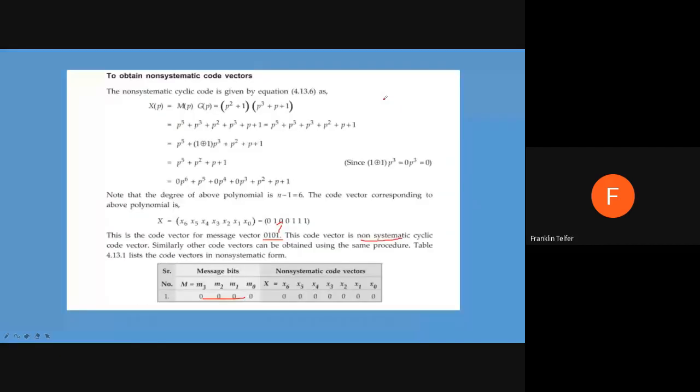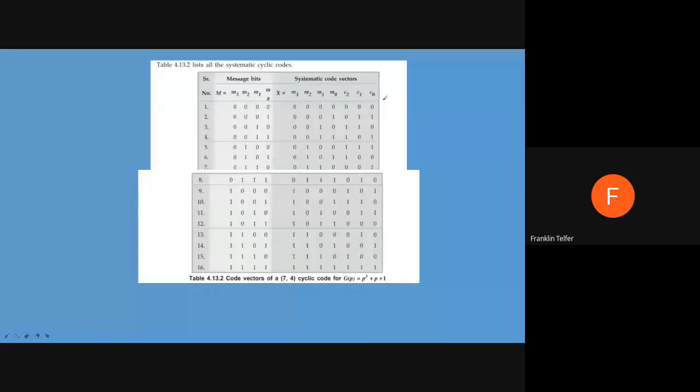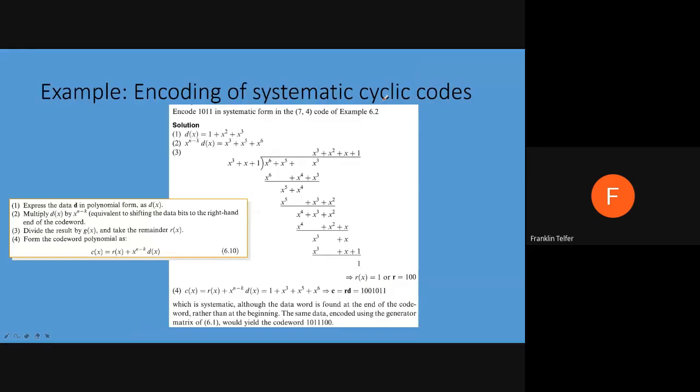On the other side, you have the non-systematic code words in terms of x power 6, x power 5, x power 4, which are based on the generator polynomial. But here there is an appending of the message bits and the code vector. That's how you can solve systematic and non-systematic cyclic codes.